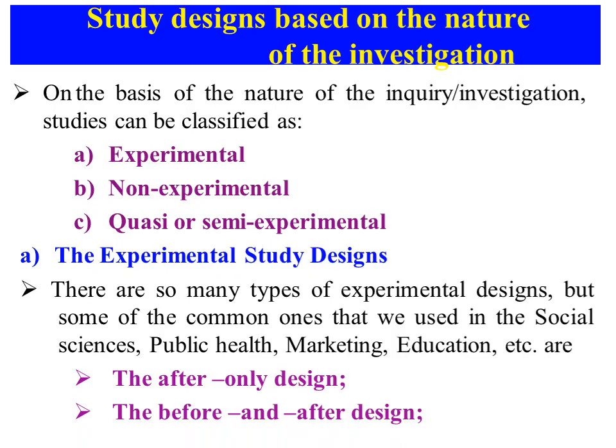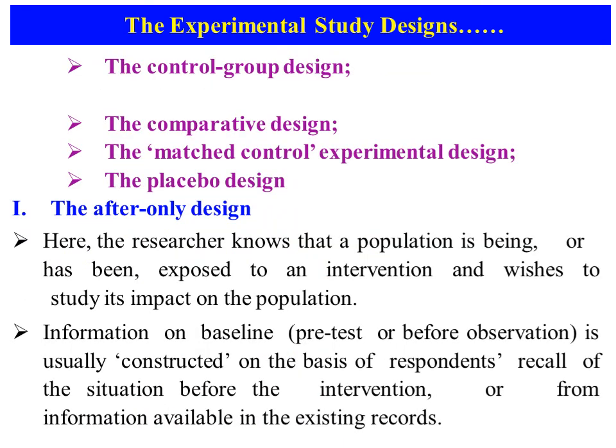For the experimental study design, there are many types, but some of the common ones that we use in social science, public health, marketing, education, and so on are the after-only design, the before and after design, the control group design, the double control design, the comparative design, the matched control experimental design, and the placebo design. Let us discuss each of these experimental designs.